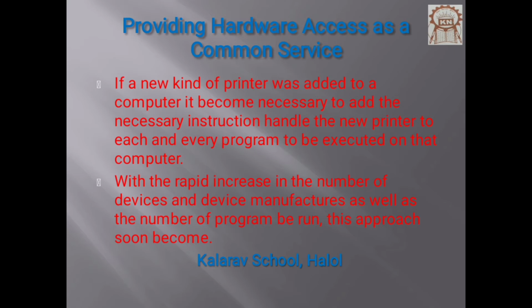If a new kind of printer was added to a computer, it becomes necessary to add the necessary instructions to handle the new printer to each and every program to be executed on that computer. With the rapid increase in the number of device manufacturers as well as the number of programs being run, this approach soon became unmanageable.